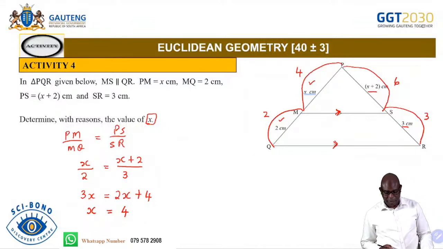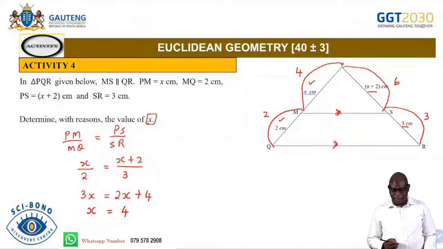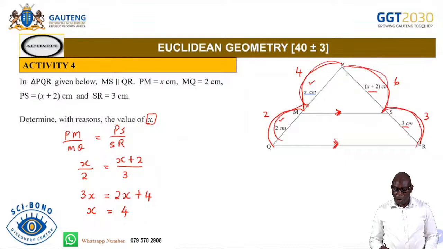Okay. Easy question. When you look at the questions in the exam papers, if you find a triangle where this line is parallel to that, then the ratio will be like this. We can have the ratio this over that, or this over that.